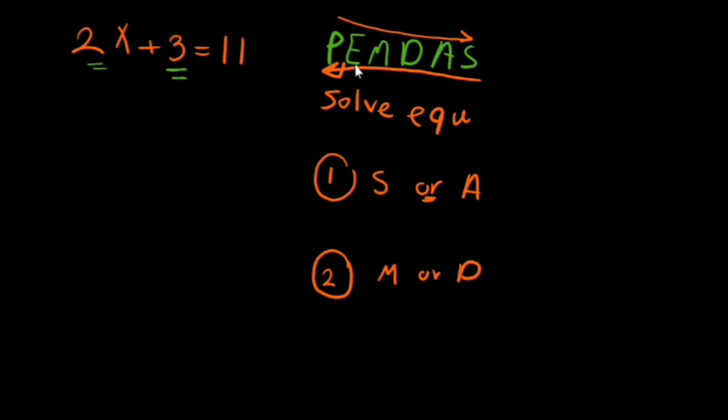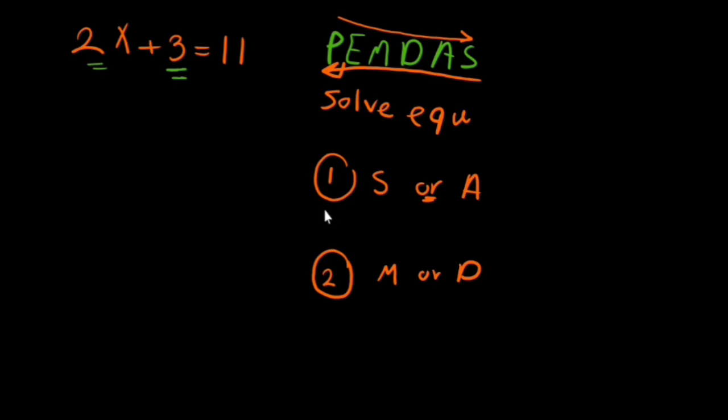And the last thing, E for exponent and P for parentheses, we leave for another video, okay? But in this video, we are going to look at these two steps only. First step, subtraction or addition, whichever is in the problem, we have to get rid of first. And then multiplication or division, after finishing all the addition and subtraction in the problem.